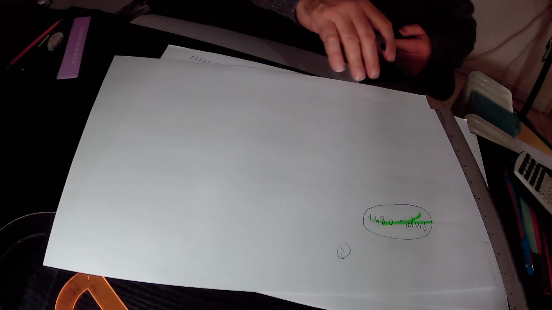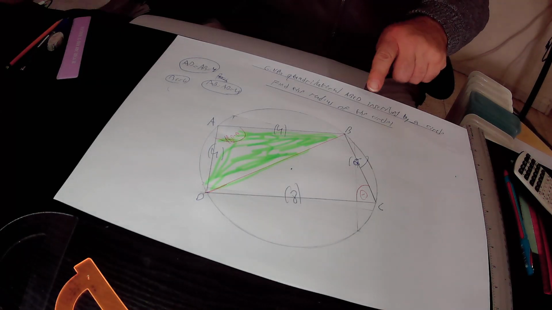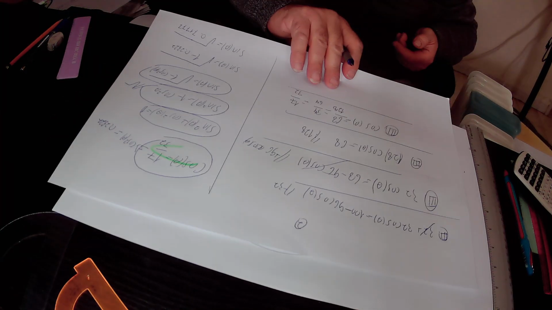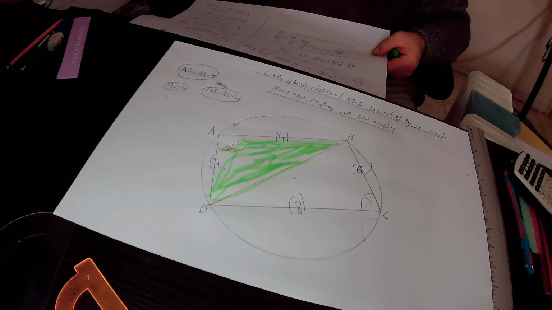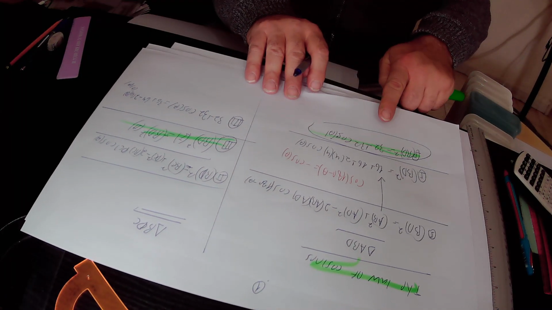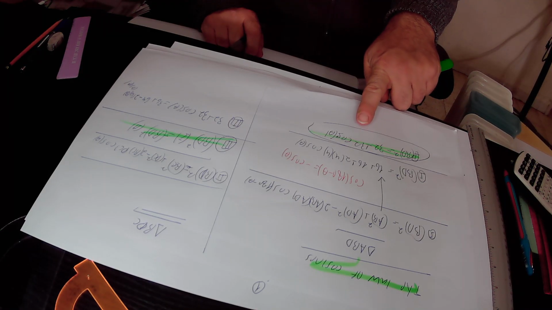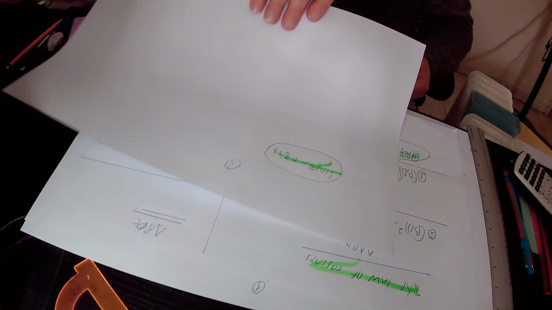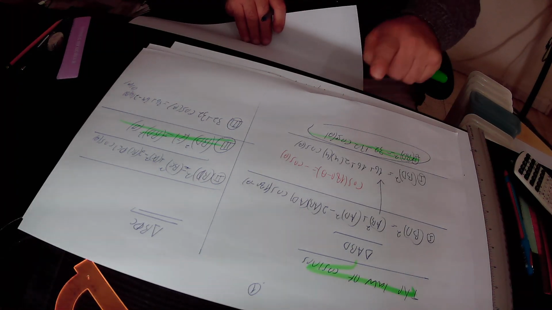What is the value of BD? We found out that BD squared equals 32 plus 32 times cosine theta.